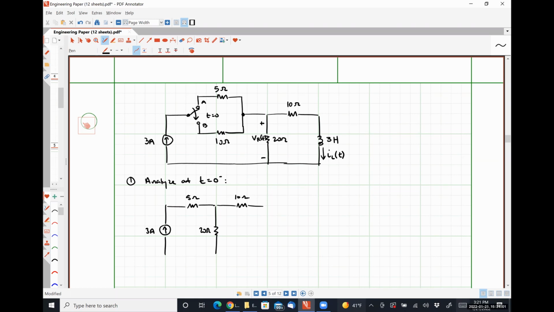What does our inductor look like at t equal to 0 minus? Short circuit. Thank you. Here is our inductor current, IL of t.